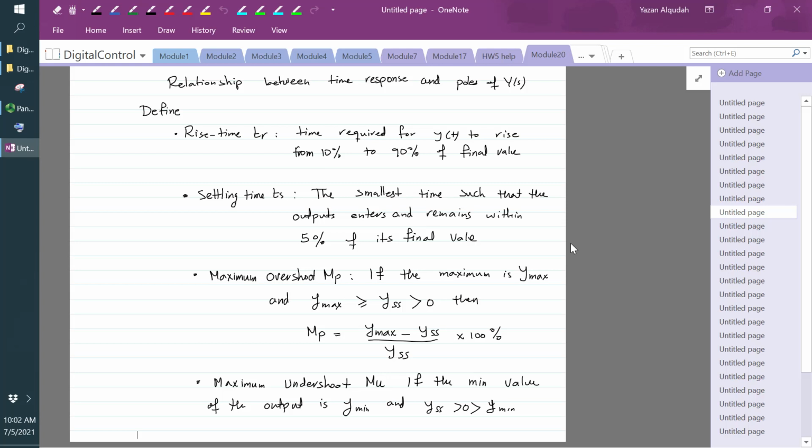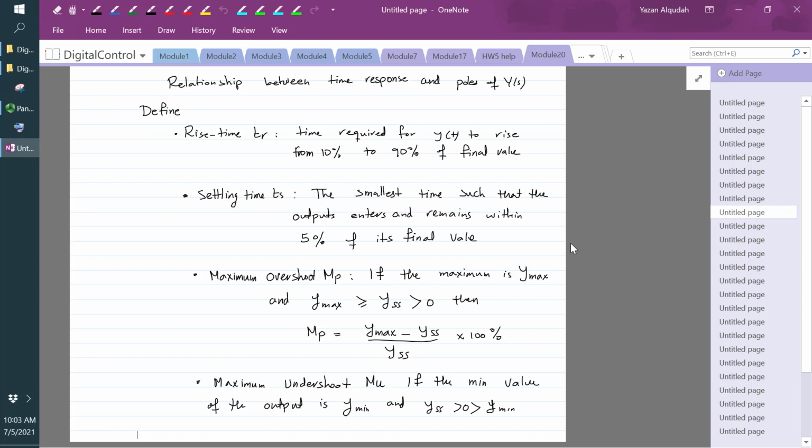And then we defined the settling time, which is the smallest time where the output will reach and remain within a percentage of the final value. And in this case, we choose the percentage as 5%.